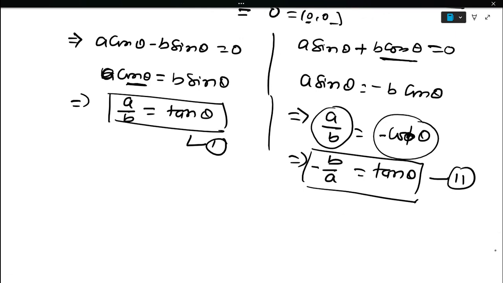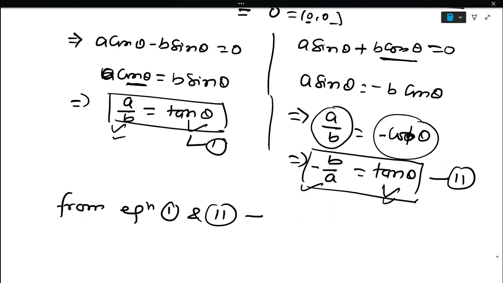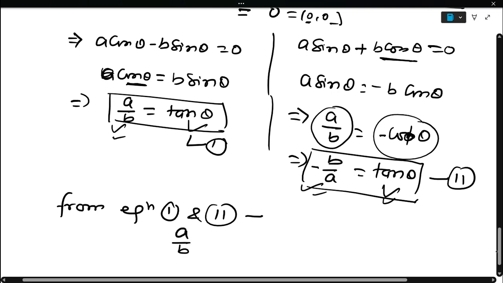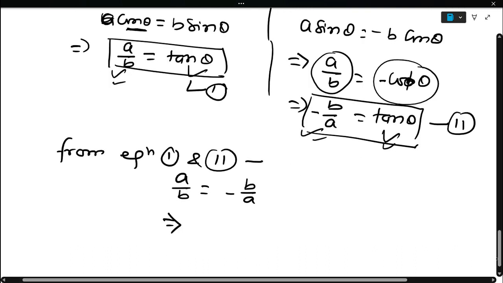Now from equation 1 and 2, we have seen that the RHS of both equations is the same, so the LHS should also be the same. Okay, so it will be a by b equal to minus b by a, and if we cross multiply, it will be a square plus b square equal to 0.